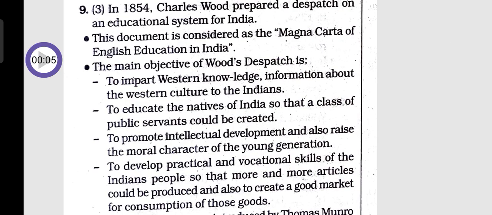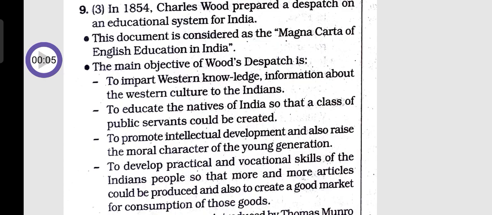In 1854, Charles Wood prepared a dispatch on an educational system for India. This document is considered the Magna Carta of English education in India.